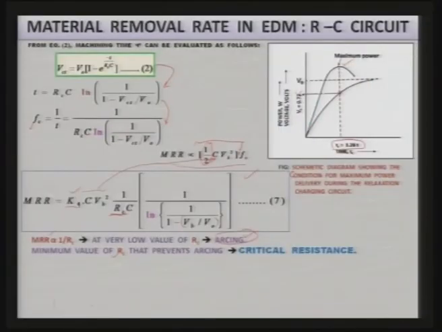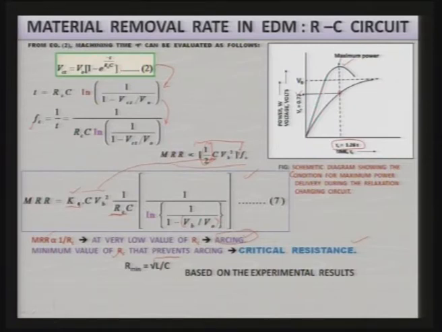So, there is a minimum value of R_c that prevents the arcing, and that value of the charging resistance is known as critical resistance. That critical resistance, or minimum resistance that prevents the arcing, is given by the square root of L by C, where L is the inductance and C is the capacitance.